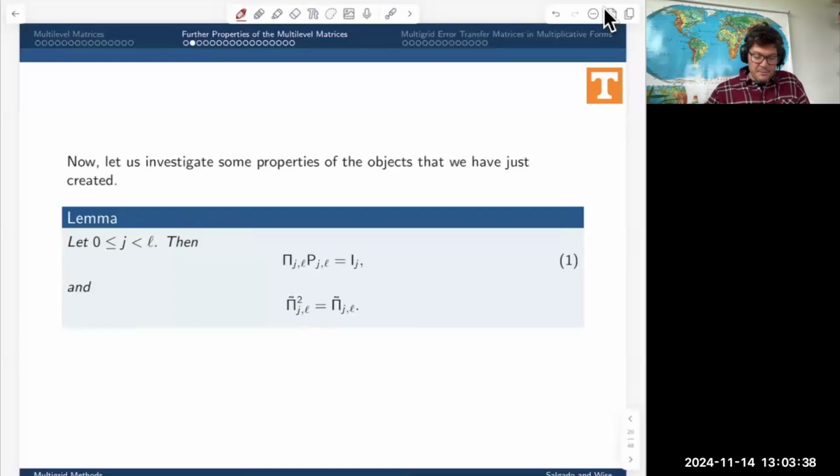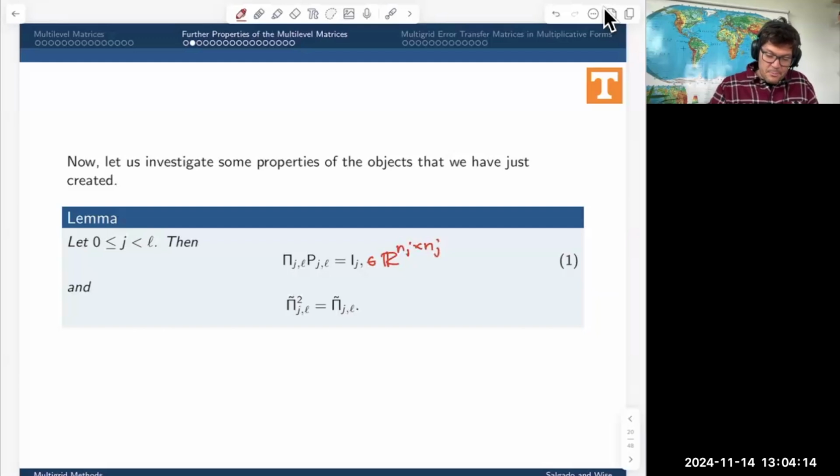One of the first properties I want to introduce is that the pi JL matrix times PJL, the prolongation matrix, turns out to be the identity of size j, the identity in R^(nj by nj).